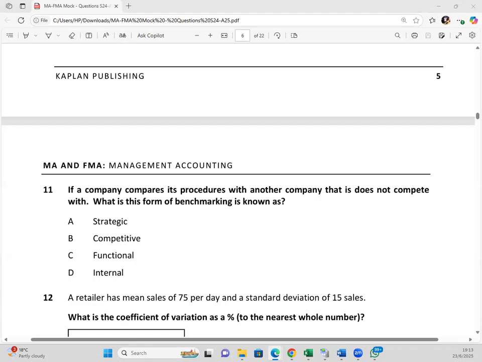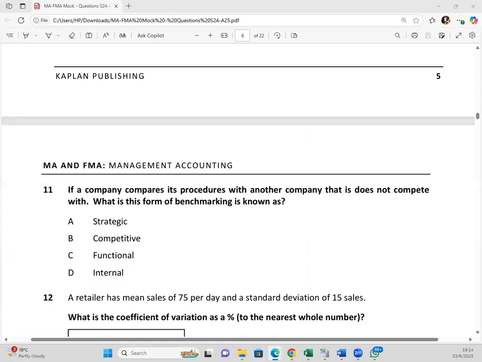So they've actually ruled out B. We are comparing with another company that we do not compete with. So by another company, they've also ruled out D, because D is not another company.